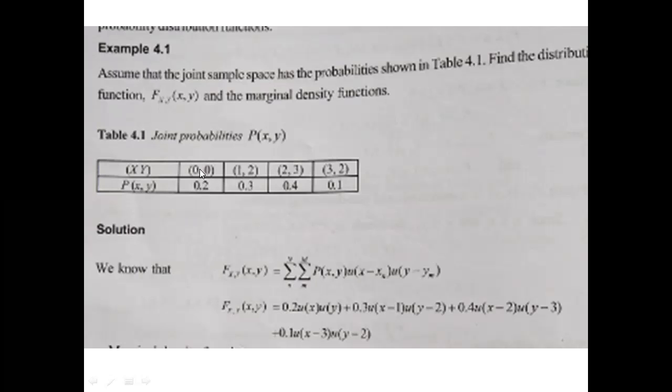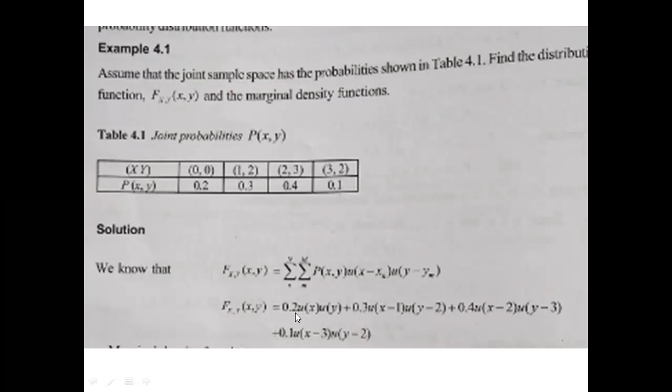Here x1 y1, x2 y2, x3 y3, x4 y4 are the events. So, 0.2 u of x minus 0 u of y minus 0, plus 0.3 u of x minus 1 u of y minus 2, plus 0.4 u of x minus 2 u of y minus 3, plus 0.1 u of x minus 3 u of y minus 2.